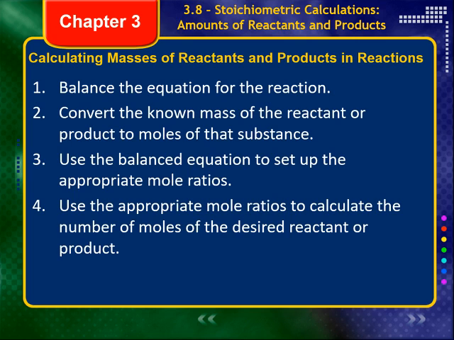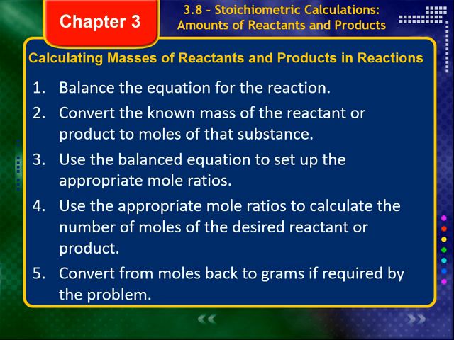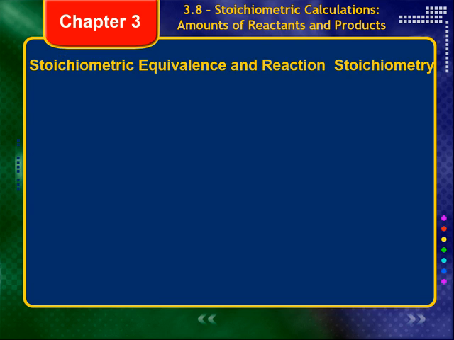That's going to allow you to go from talking about one substance to the other substance, meaning you'll be converting from whatever substance the problem gave you to work with to the substance that the question is asking you about, what your answer is supposed to be talking about. Then lastly, if the problem requires, convert from the moles of your desired substance into grams of the desired substance. That just depends on the question.